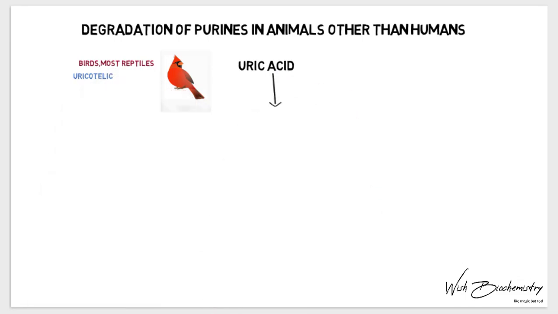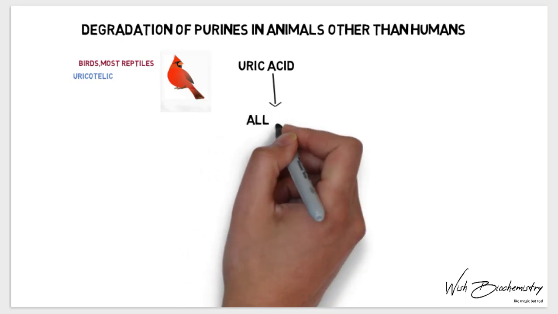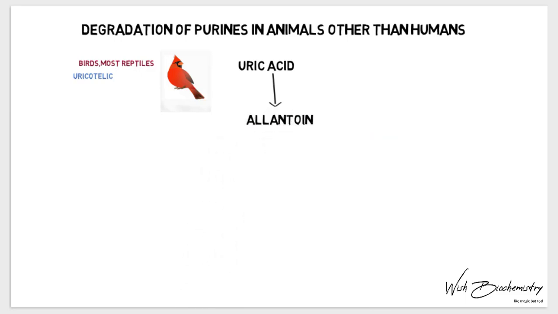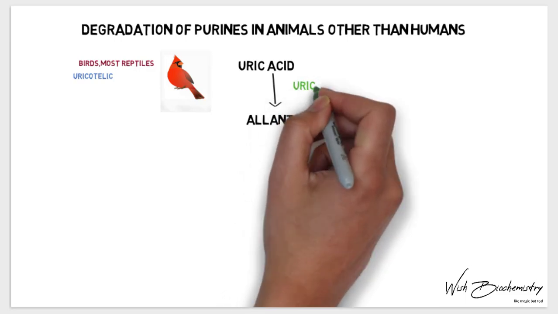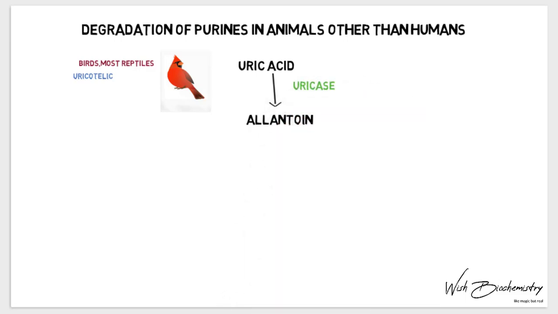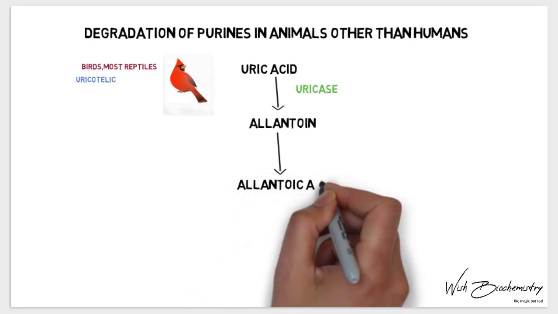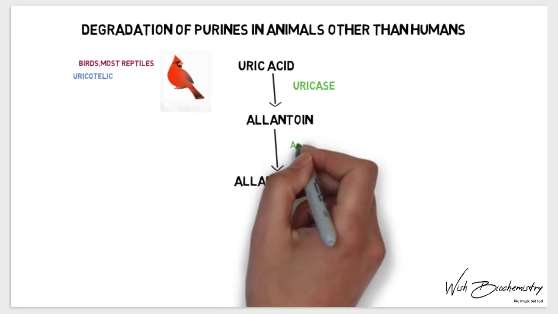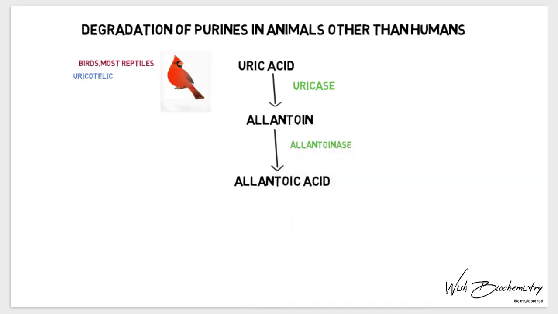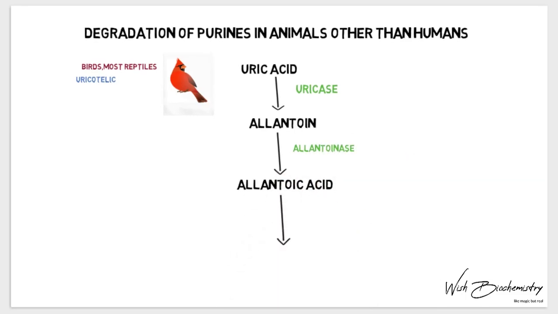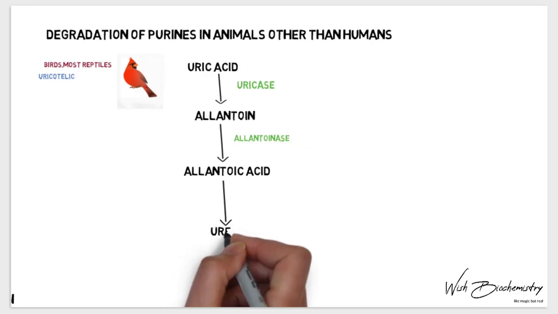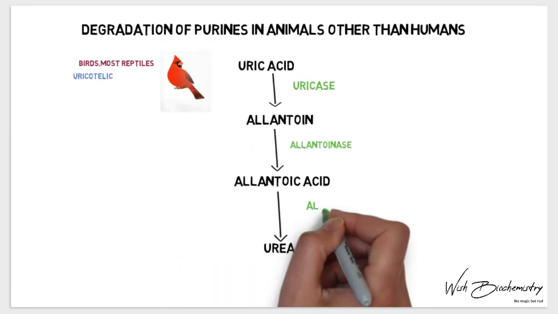Uric acid is converted to allantoin by the enzyme uricase. Allantoin is converted to allantoic acid by the enzyme allantoinase. Allantoic acid is converted to urea by the enzyme allantoicase.